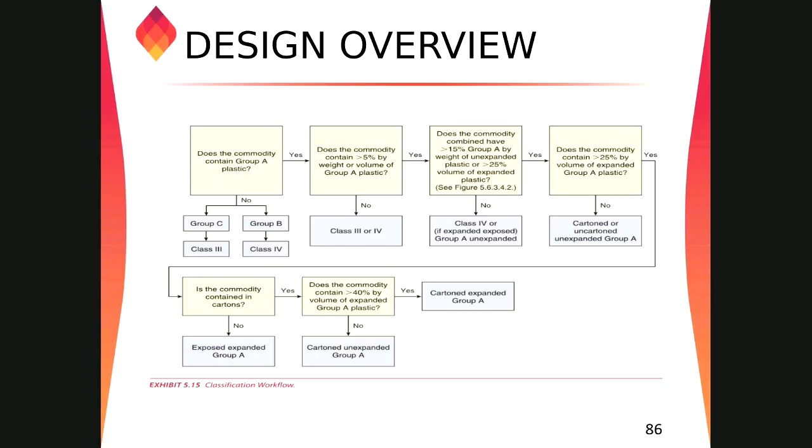His network, right? Yeah. Okay, so suppose you are designing a sprinkler system for warehouse protection, and you have to select what kind of density curve to use, whether I should consider group A plastics, group B plastics, or group C plastics, right?